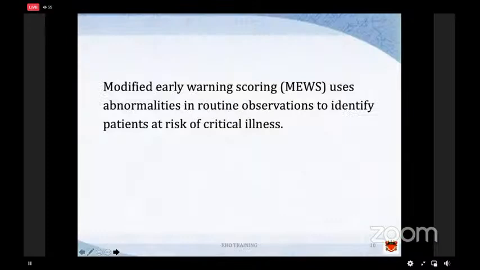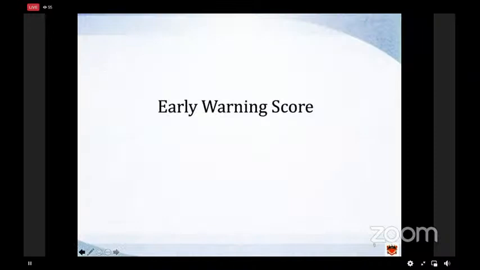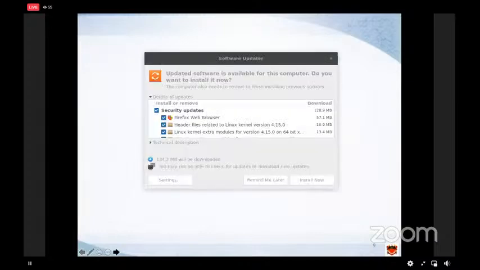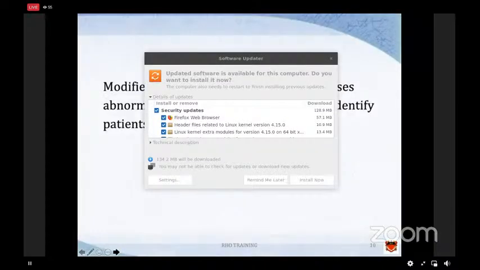So if we have a way of monitoring his severity, that will confirm our alarm. So we have a tool called the early warning score, like the modified early warning score, which we call MEWS, which is used to identify abnormalities in routine observations and to objectify them.